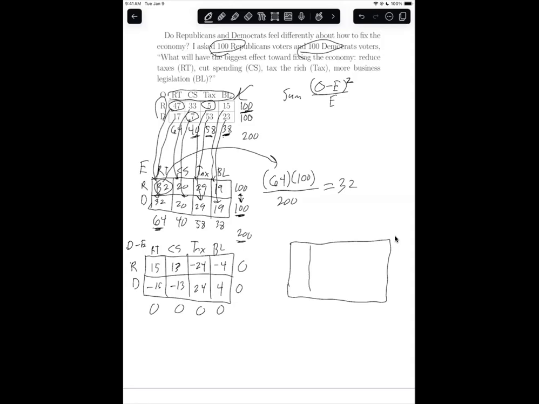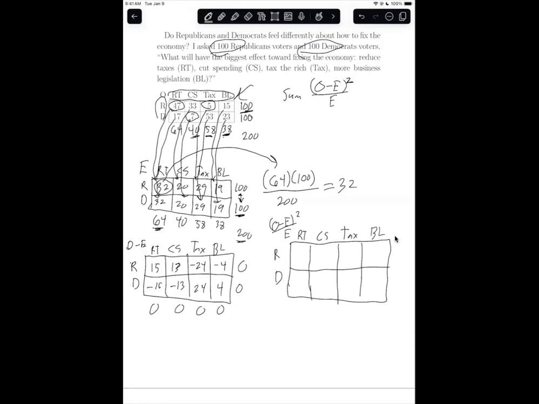And then the last table is where we have O minus E squared divided by E. Republican, Democrat, reduce taxes, cut spending, tax the rich, business legislation.